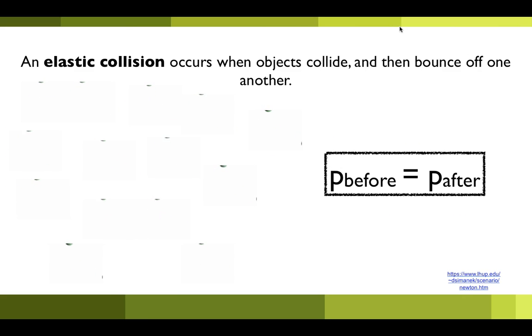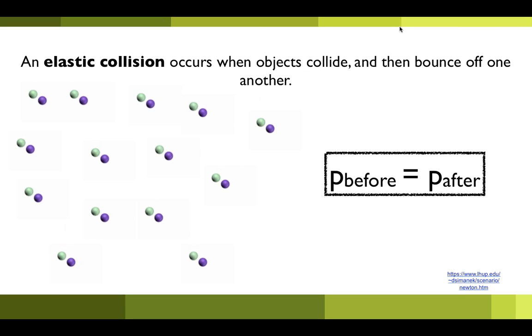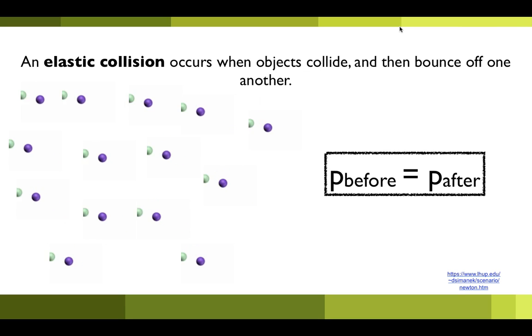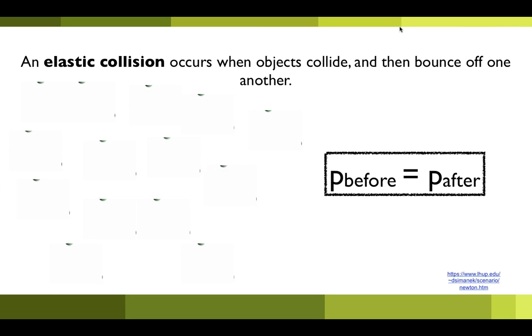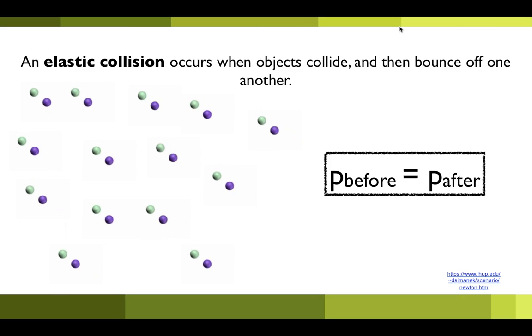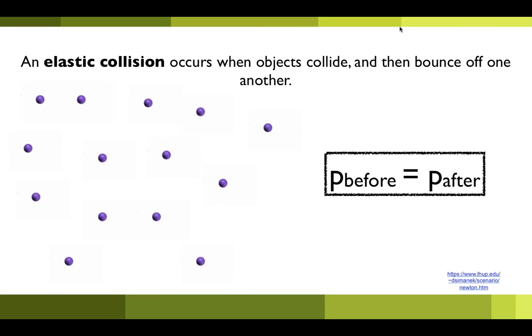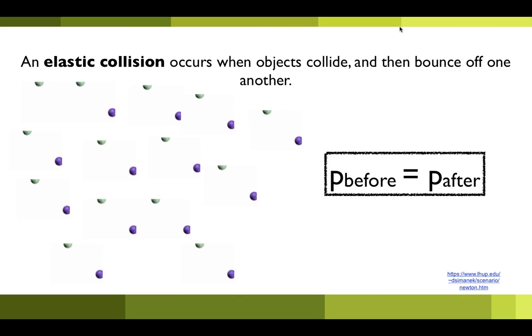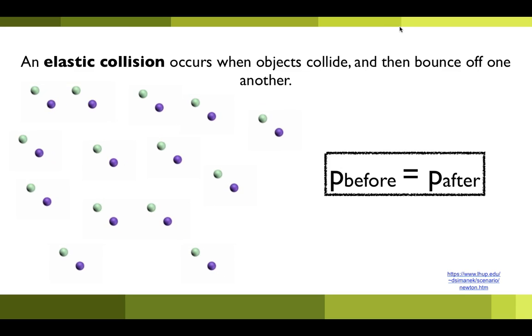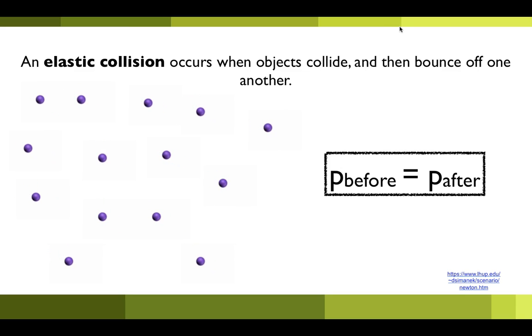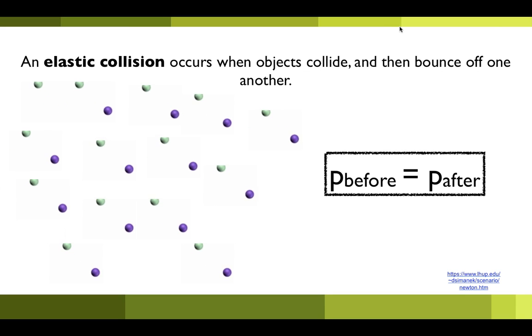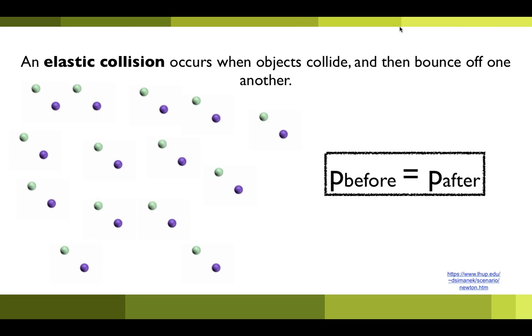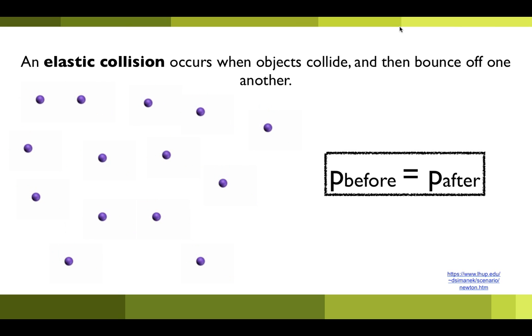So the first type of collision is elastic collisions. This occurs whenever two objects collide and then bounce off of each other. How I like to imagine elastic collisions is two rubber bouncy balls. If they hit each other, they're just going to easily bounce off of each other. Or if you take a bouncy ball and throw it up against the wall, it's just going to bounce right off.